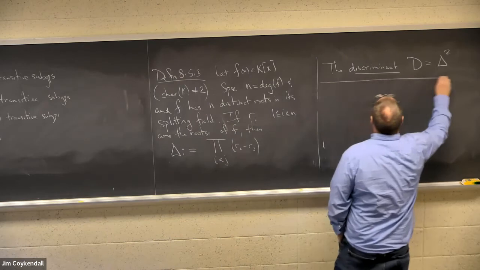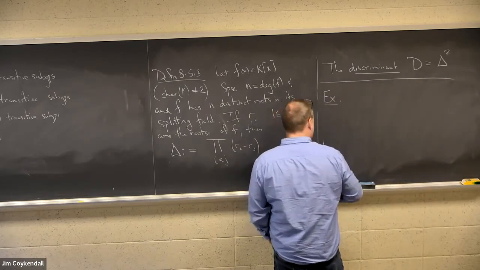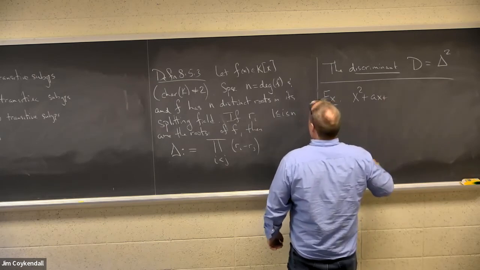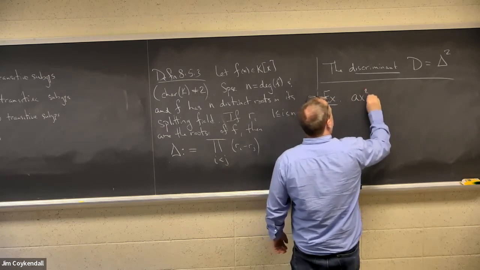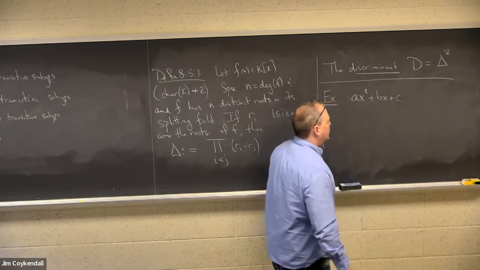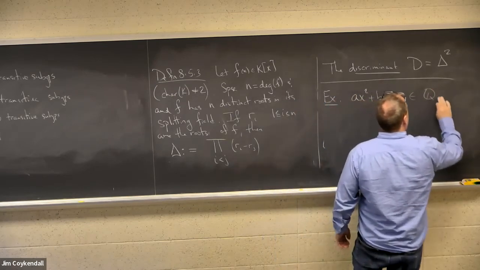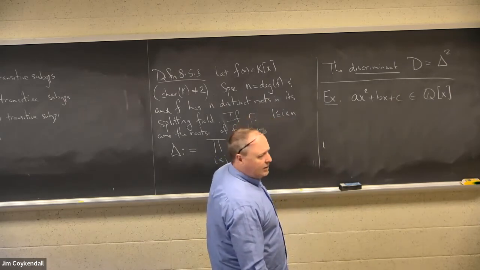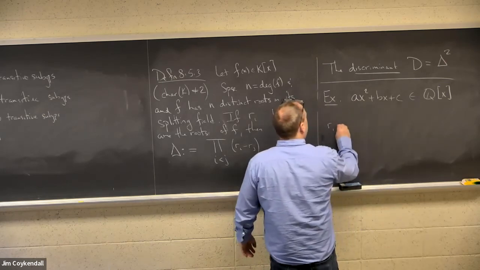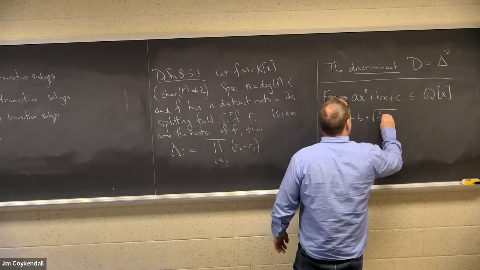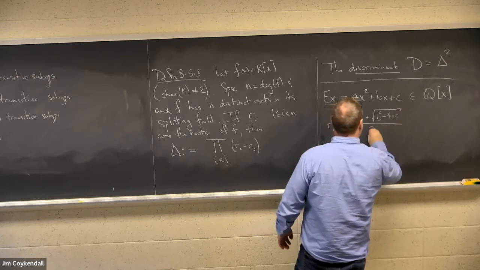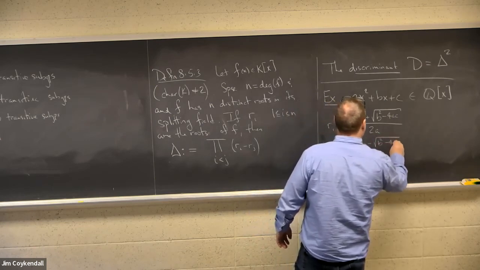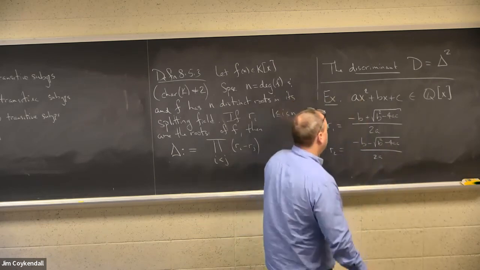Okay, so let me give you an example here. Suppose I have this quadratic polynomial, and let's just do this blind. The roots are negative b plus the square root, and negative b minus the square root, over 2a. Agree?